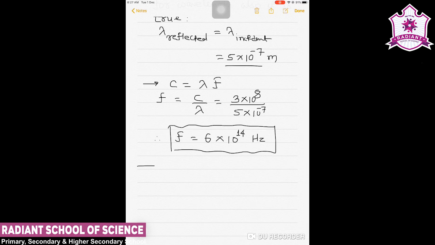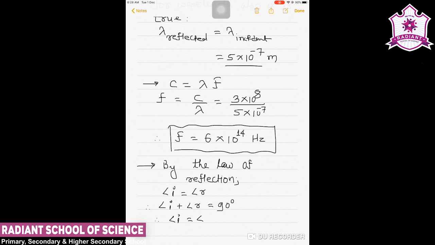Now another piece of information that we have is from the law of reflection. By the law of reflection, angle of incidence is equal to angle of reflection, and therefore here they have asked that I plus R be 90 degree, and therefore angle of incidence is equal to angle of reflection is equal to 45 degree.